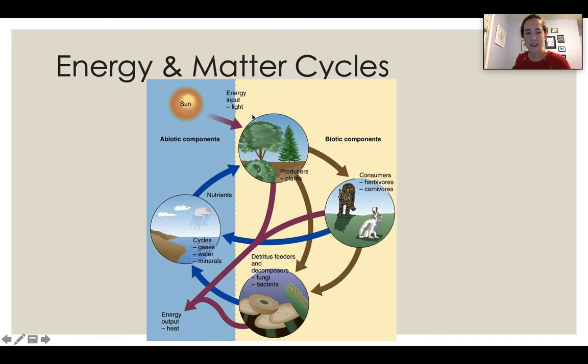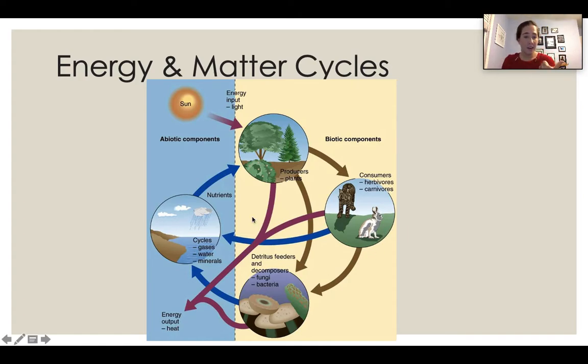So our plants get eaten by our consumers, or our detritus feeders, decomposers. Same thing with our consumers. After they die, they're eaten by these detritus feeders or broken down by our decomposers. In addition to their matter, their biomass moving, they also move energy through the ecosystem. So energy is also flowing from the sun to our plants, out from our living things into heat loss.